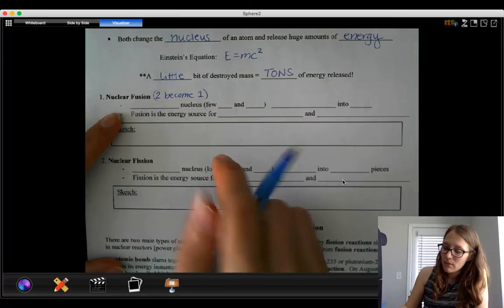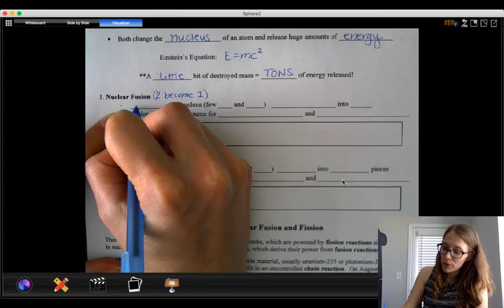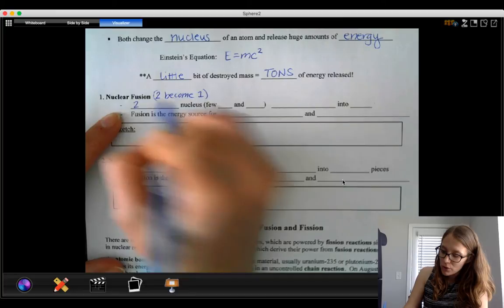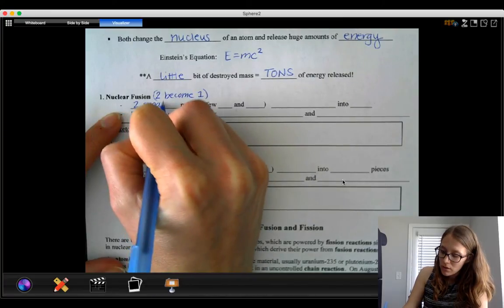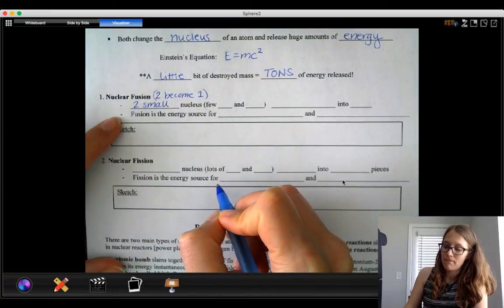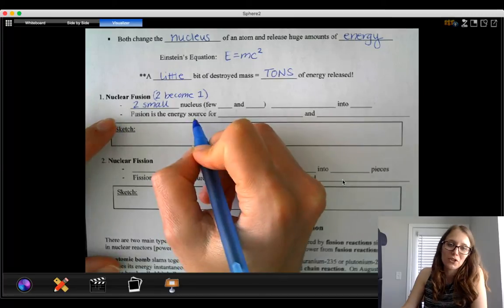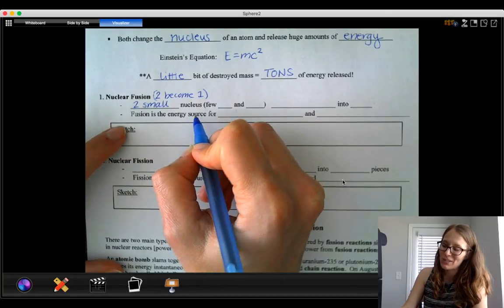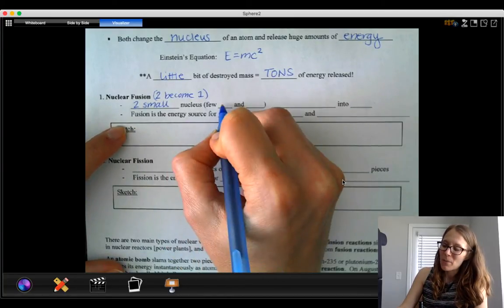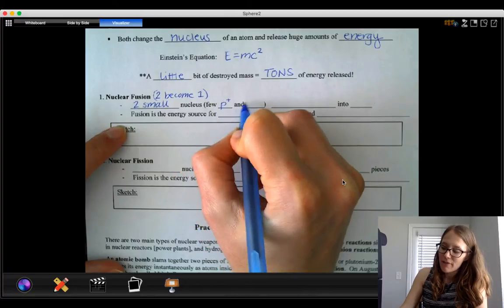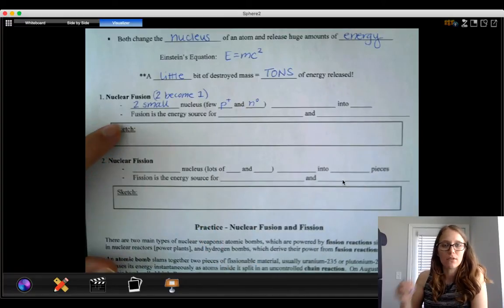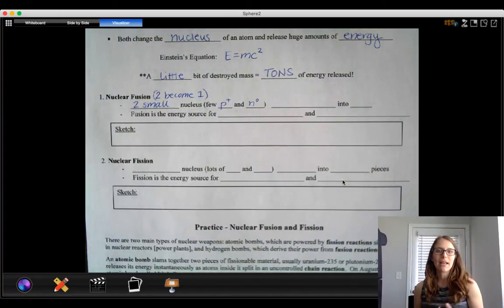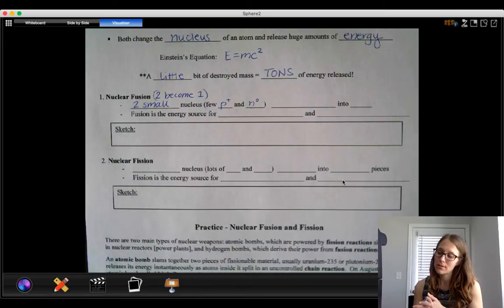What we're going to see with our definition for nuclear fusion is we have two small nuclei, two separate nucleuses. And when we say that they're small, that just means that they have very few protons and neutrons overall. So something like hydrogen, that is one proton, or helium, which is two protons and two neutrons.